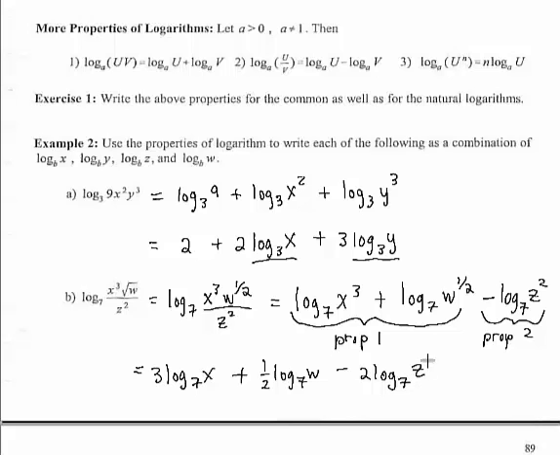And at this point, the exponent of the x, w, and z is understood to be a 1 in each case. And so we've taken this expression and we've broken it down to about as far as we can go. Okay, we've broken up the different variables into their own separate log function.